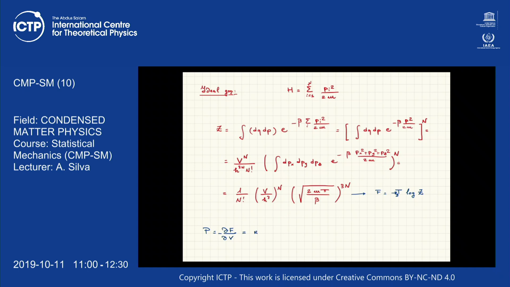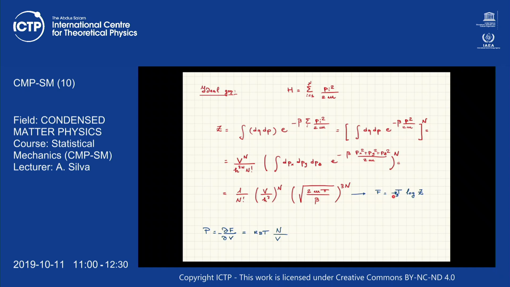What you will get is k_B T times N over V. Now you can see easily why this happens, because if you take the log, look at where the volume will enter. You will get a term that is N log V. When you take the derivative of this, you will get N divided by V. And this is where this term will come out.